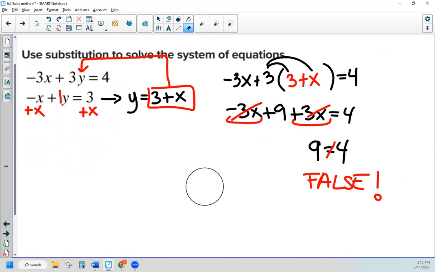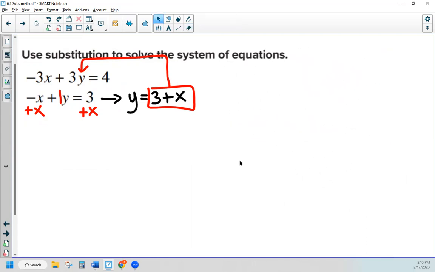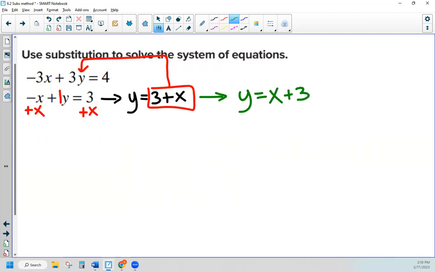We already did it with one line. By isolating y, which is the thing that I'm leaving right now on the board, we were able to create, actually, sorry, not yet. This is slope-intercept form, x plus 3.